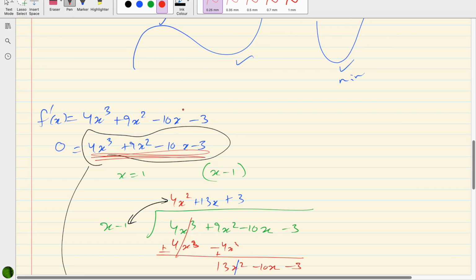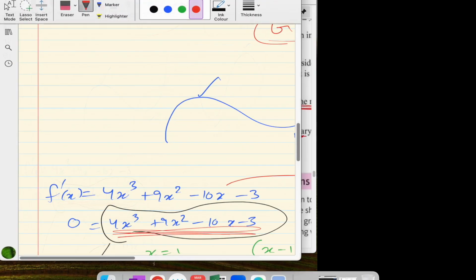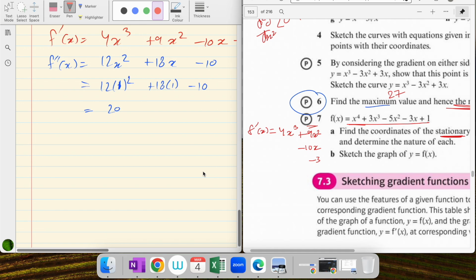Sorry, that is the derivative. So this is the equation. I'm substituting 1 in that equation. f of 1 is equal to 1 raised to power 4 plus 3 into 1 raised to power 3 minus 5 into 1 squared minus 3 into 1 plus 1.